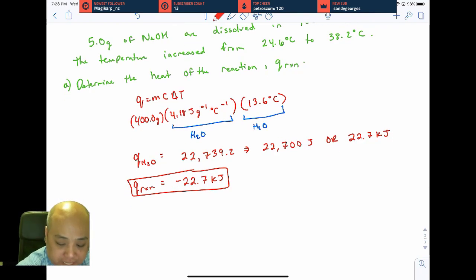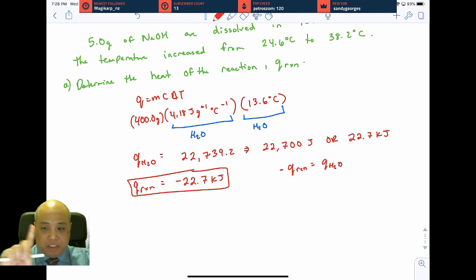I wait to the end and do this concept. The negative sign, because the reaction and the water are opposite signs. So it appears to be a negative mass, but it's not really a negative mass. It's just that the teacher has taken the negative sign and put it into the equation so that you can skip a step.